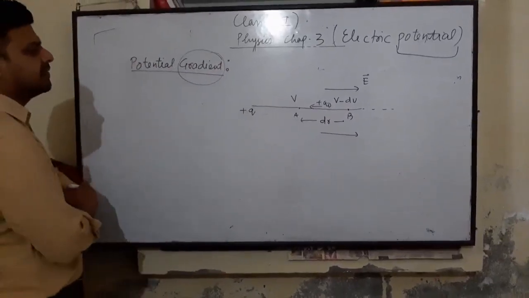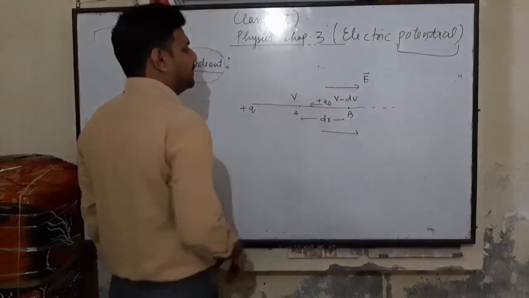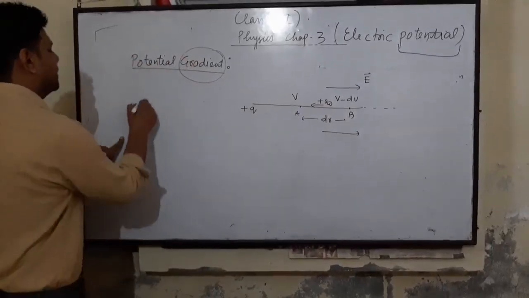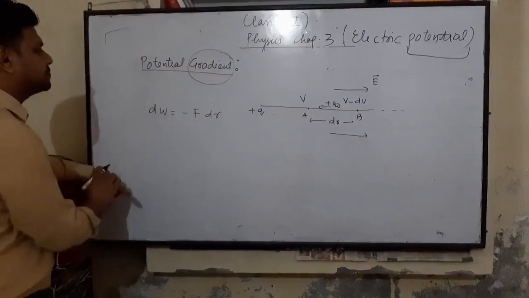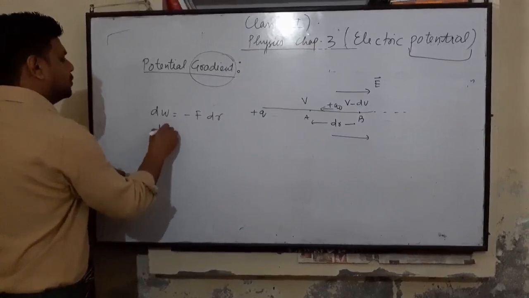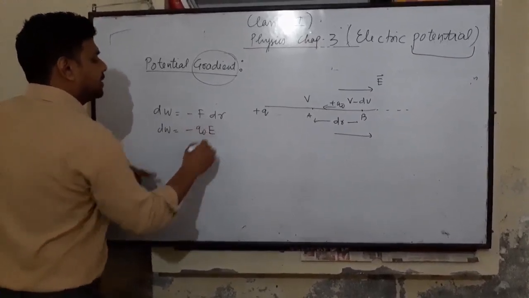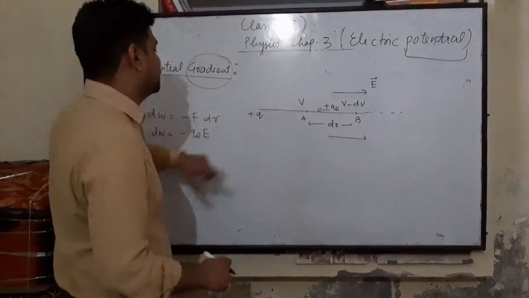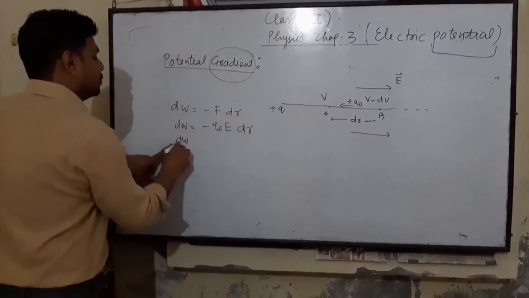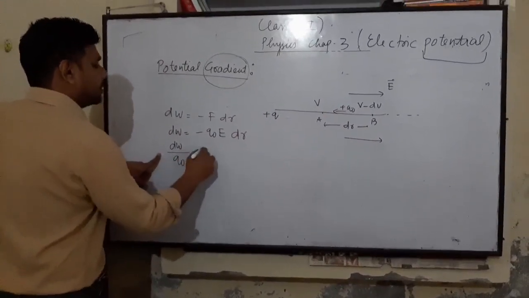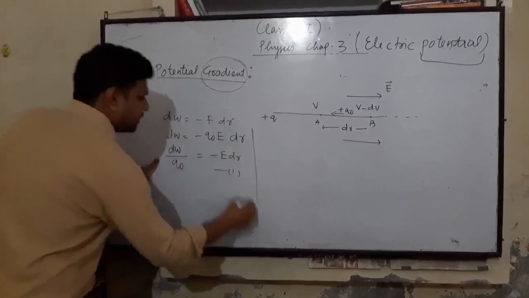Then the work done in bringing this charge from B to A through a small displacement dr is given by dW equal to minus F dr. As we know, F is equal to Q naught E, the force on this charge. So dW upon Q naught is minus E dr. This is equation number 1.